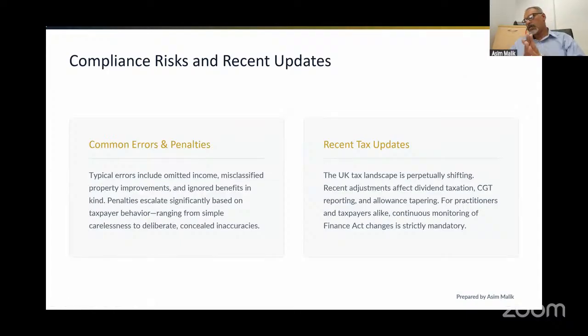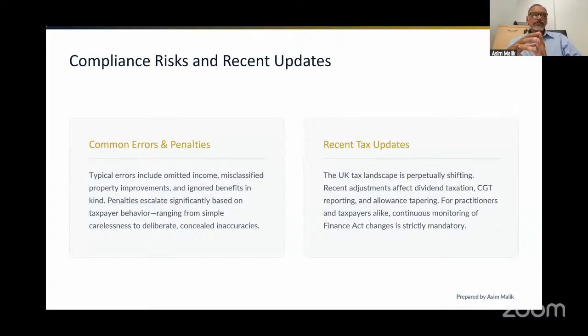Now, common errors. As I mentioned, HMRC collects information from different sources. Those sources could be the Department for Work and Pensions, which is partially part of HMRC, feeding in information about how much taxpayers are receiving in terms of benefits.